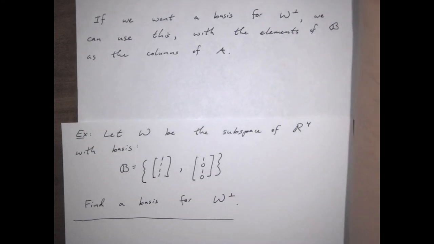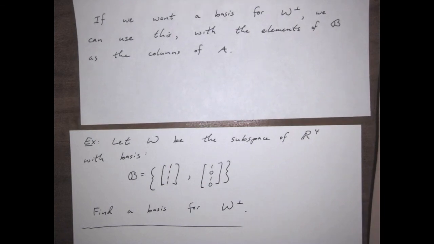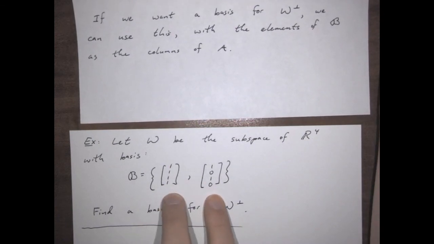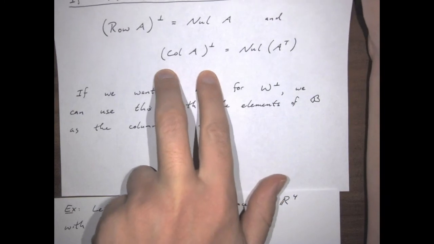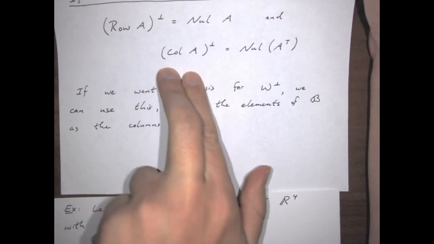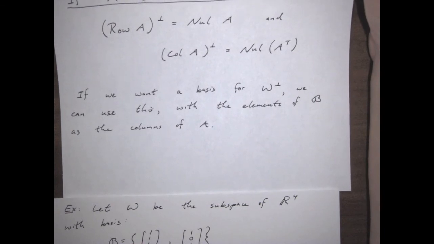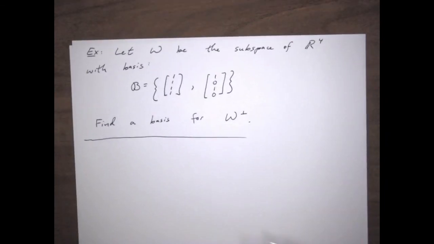All right, so let's think about this. We need to find a basis for the orthogonal complement of this. And if we look here, that will be the same as finding the orthogonal complement of the column space of an A made out of these. And to do that, we can use the null space of A transpose to get us there.